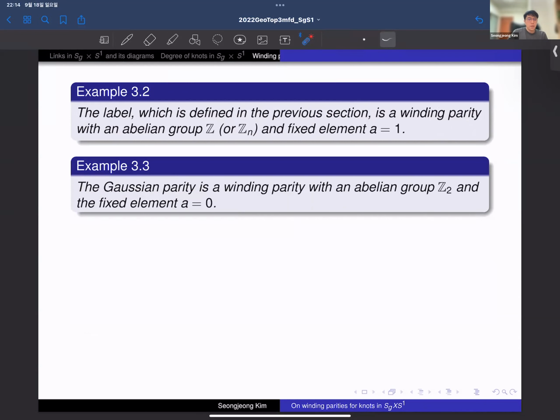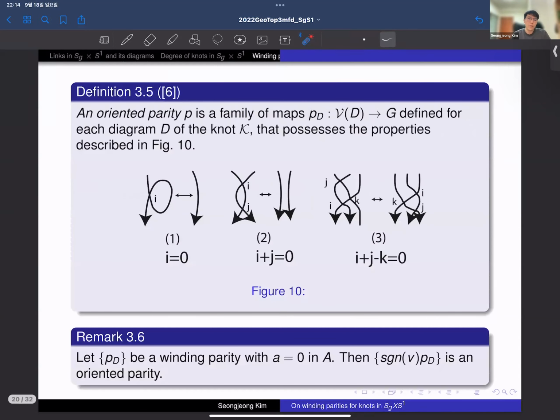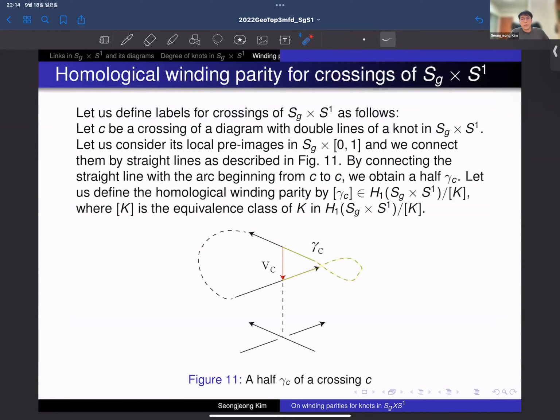Let me introduce one interesting example of winding parity, which is defined by using the first homology of the ambient space S_g times S^1. For a crossing C, we consider the pre-image of the crossing in S_g times [0,1], which appears when we define the diagrams.